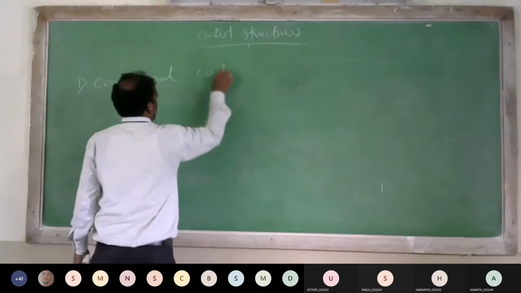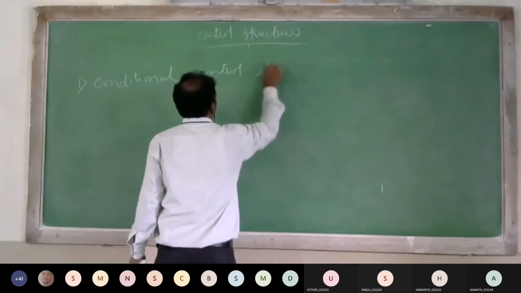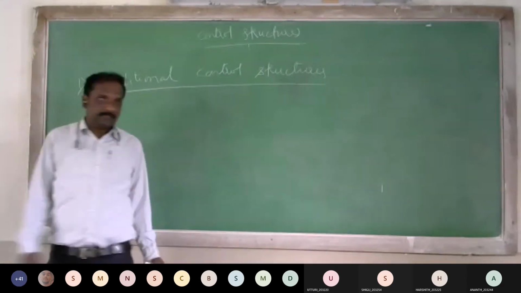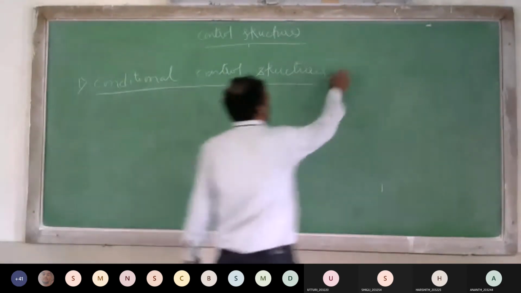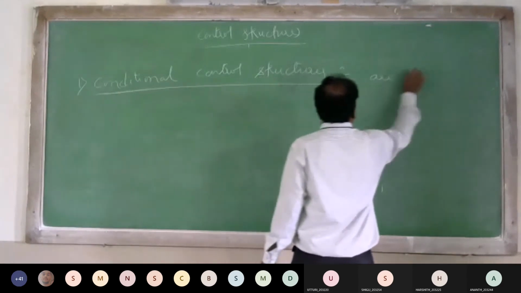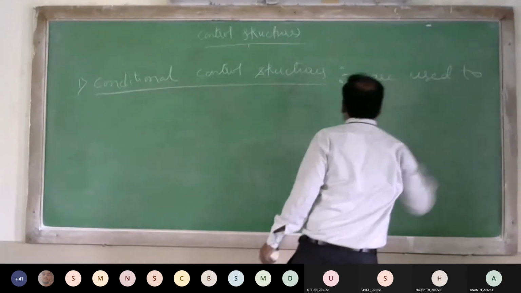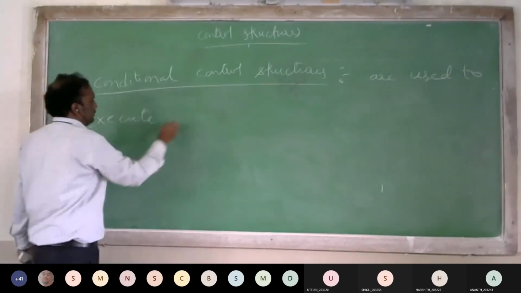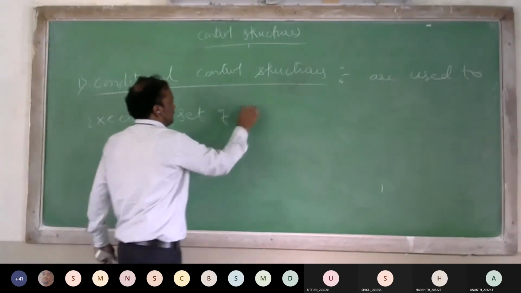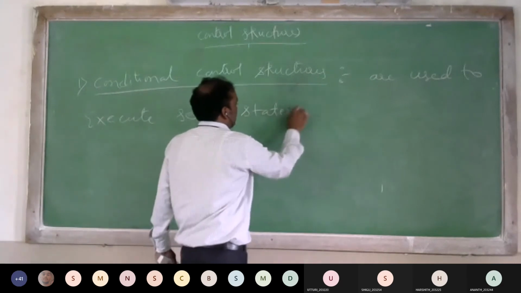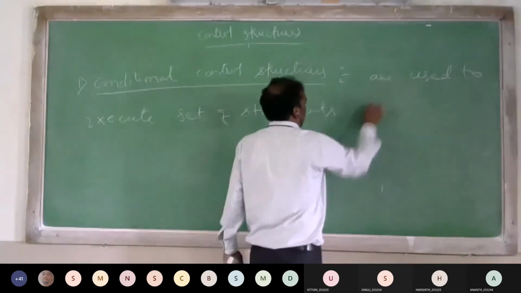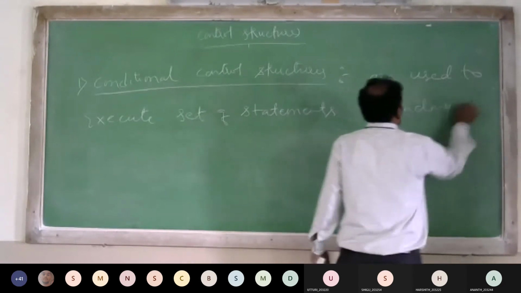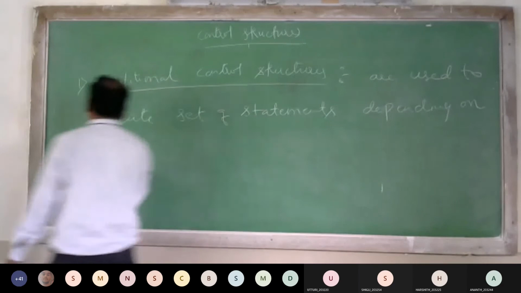Control structure. Conditional control structure. So what is conditional control structure? Conditional control structures are used to execute a set of statements depending on the condition.